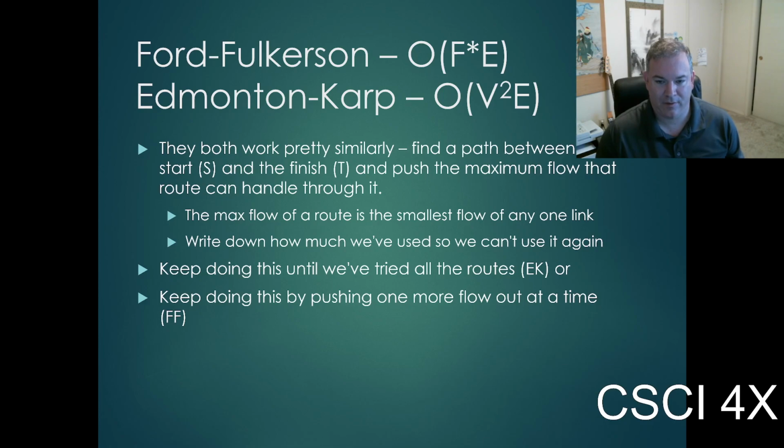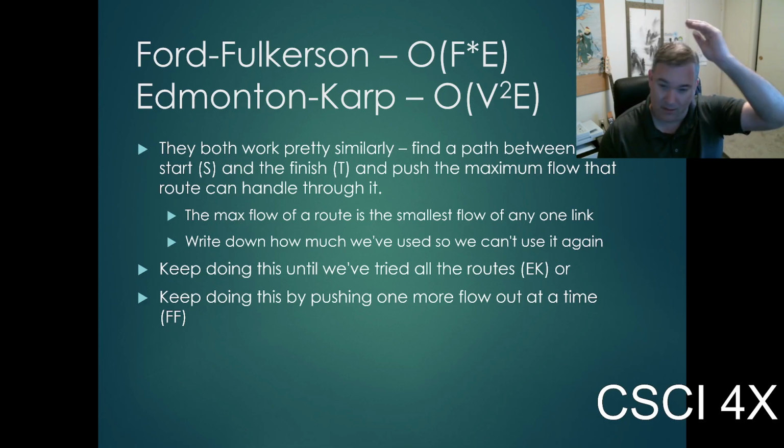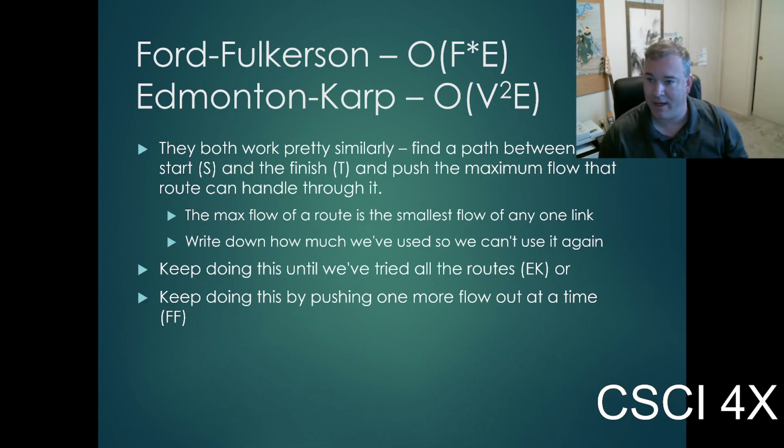So what you're going to do is push flow through the route. Like if you have a pipe that holds 5 gallons of water per second, and let's say you push 3 gallons per second through it, it's got 2 gallons per second remaining, right? Does that make sense?